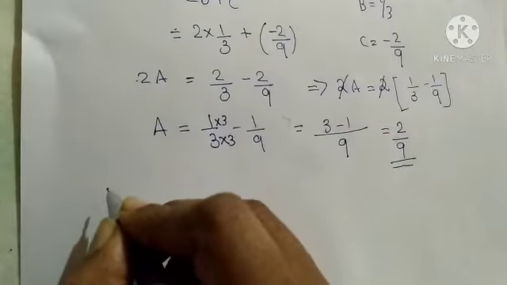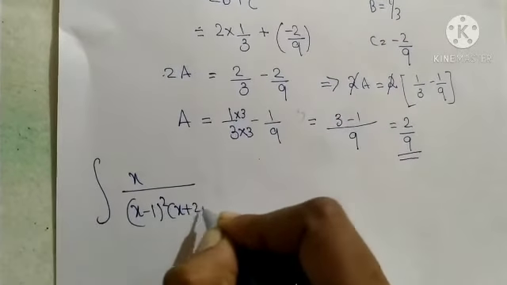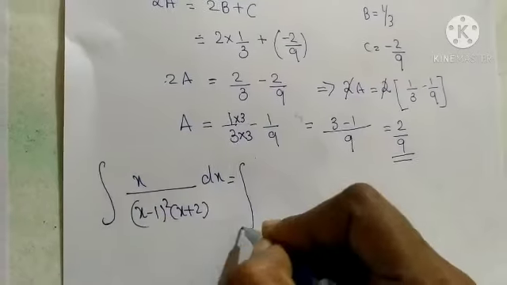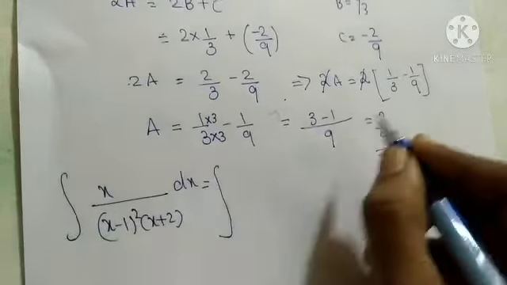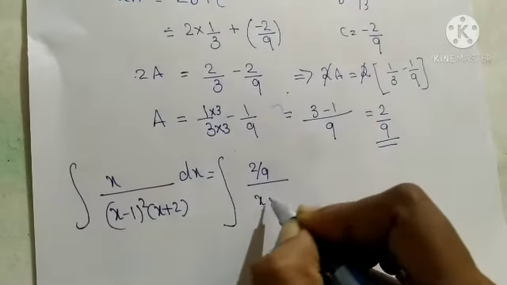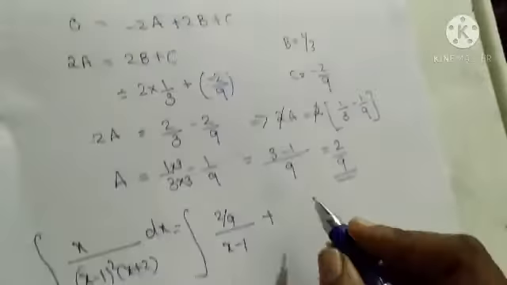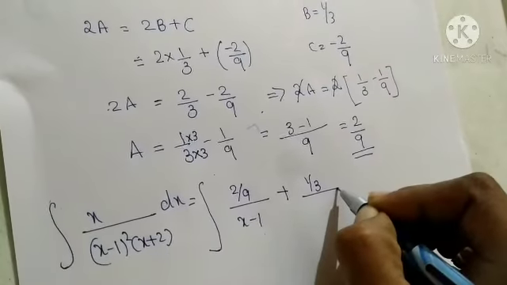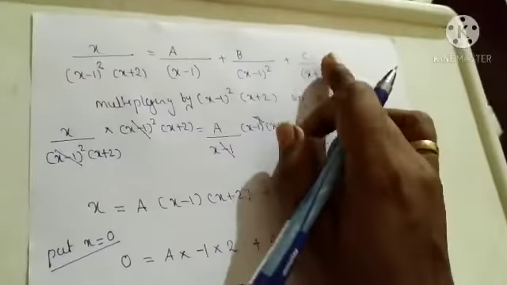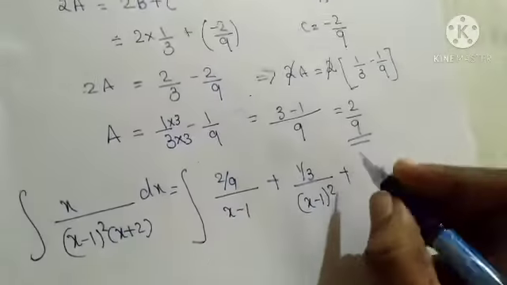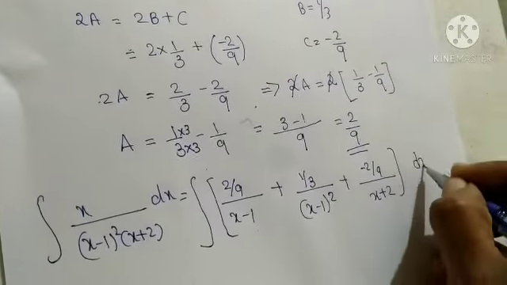So integral of x divided by (x minus 1) whole square into (x plus 2) dx will become integral of a divided by (x minus 1), where the value of a is 2 by 9, so 2 by 9 divided by (x minus 1), plus b divided by (x minus 1) the whole square, where the value of b is 1 by 3, plus c divided by (x plus 2), where the value of c is minus 2 by 9 divided by (x plus 2), dx. Okay.